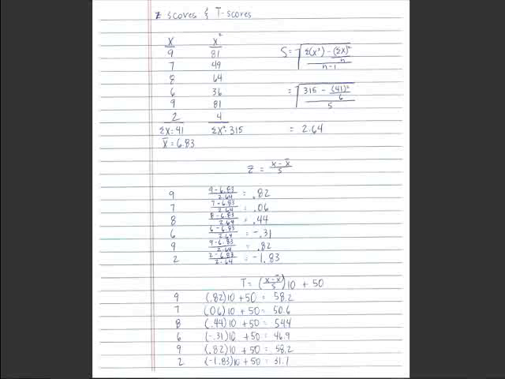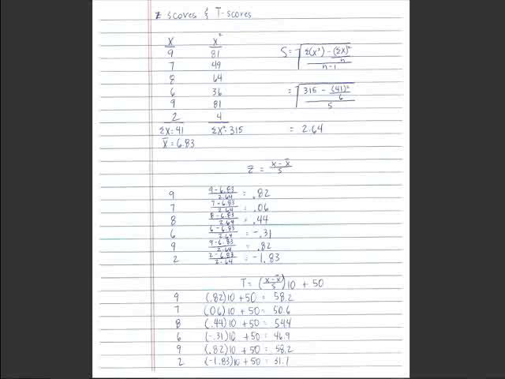So what we're going to do now is go through and transform each of those scores into a z-score. I'm not going to actually read each of these to you, but I am going to point out a couple of things. We'll just talk about the raw score of 9. So 9 minus 6.83 divided by 2.64 gave us a z of 0.82.